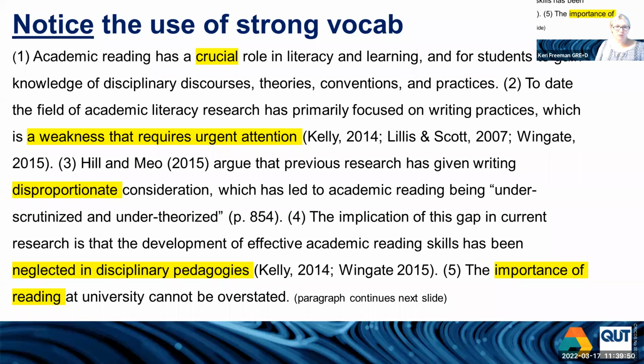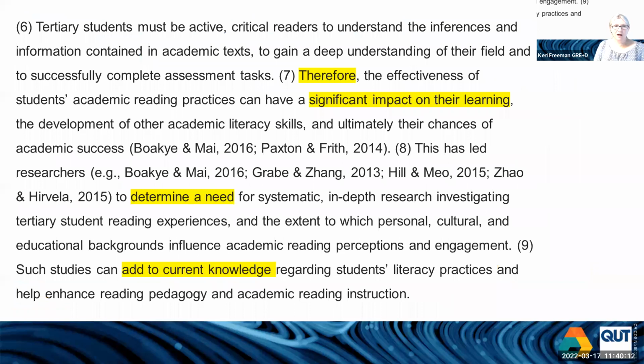There's been disproportionate consideration. So we've got something under scrutinized and under theorized. The implication of this gap is, so see that explicit wording? We're not having to guess what the gap is, it's there. Reading skills has been neglected in disciplinary pedagogies. And then I've got more on the rest of the paragraph.